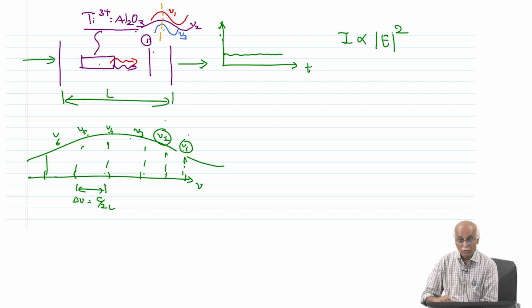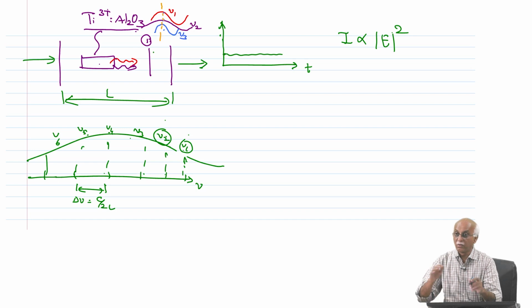So, if I use a material with a very short saturable absorber lifetime, then unless the intensity of all these modes, or the summed-up intensity, becomes much larger, it will not open. It will remain opaque.